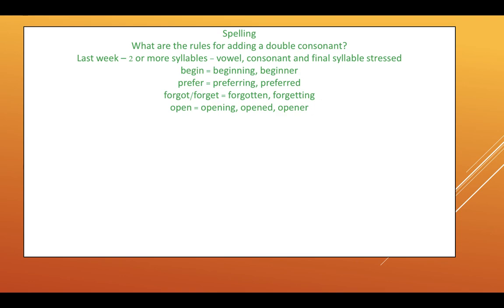You just add the suffix ing, add the suffix ed, or add the suffix er. And enter is the same as well. Enter has 2 syllables. The second syllable is not stressed because we pronounce enter as ent-er, so you do not apply the double consonant rule. You just add the suffix ing or the suffix ed.